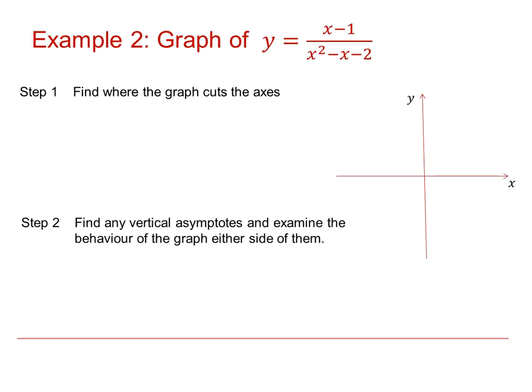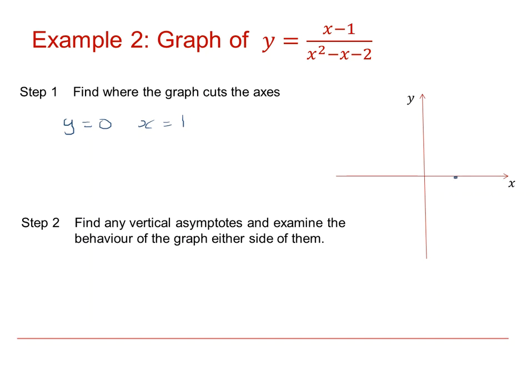So now look at a slightly more complex example, but the steps are exactly the same as in the first one. So firstly, where does the graph cut the axis? Well, if y is equal to 0, then x must be equal to 1. So it's going to cut the x-axis at 1. You should just check that the denominator is not equal to 0 at the same value.